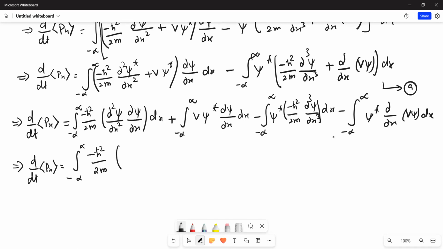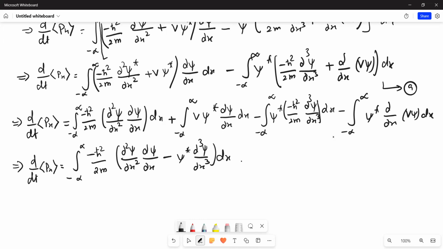Then the bracket ∂²ψ*/∂x² ∂ψ/∂x, minus ψ* ∂³ψ/∂x³ into dx. So I made the simplification like this.